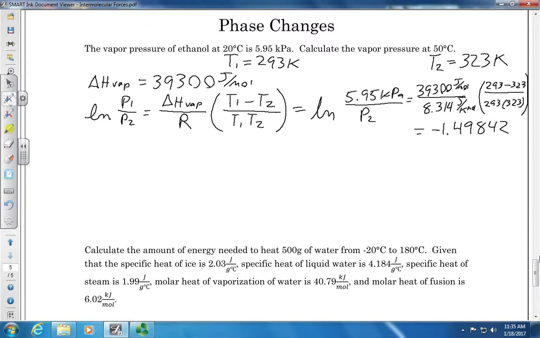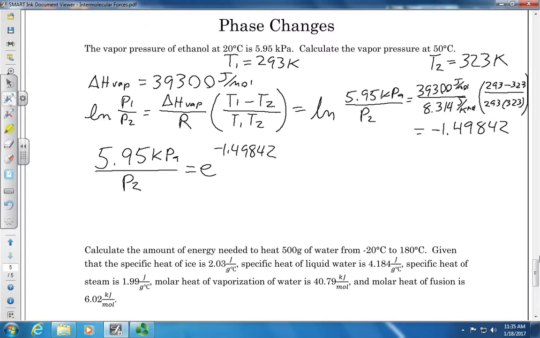And e to the power of a natural log is simply the stuff within the natural log. So we end up with 5.95 kilopascals over P2 is equal to e to the negative 1.49842.